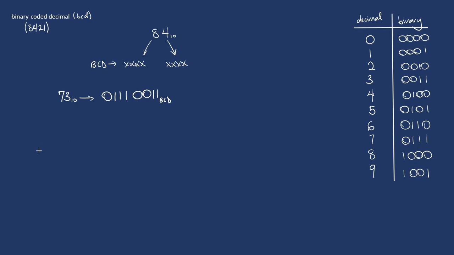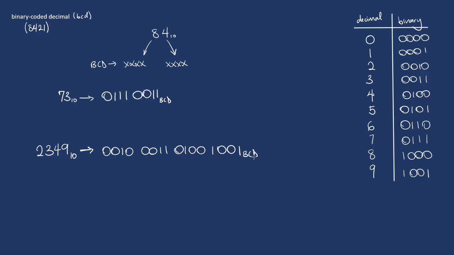So we can do this for as long a decimal number as we like. 2349 would be 0010 for 2, 3 would be 0011, 4 would be 0100, and 9 would be 1001.